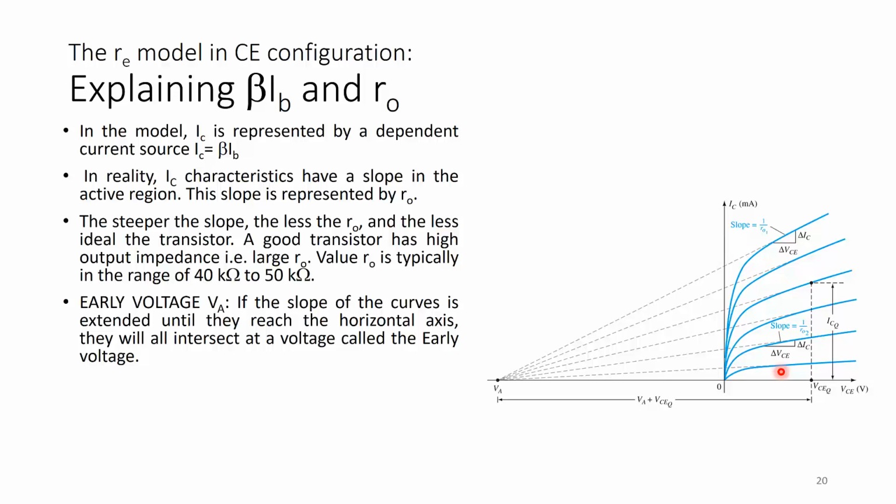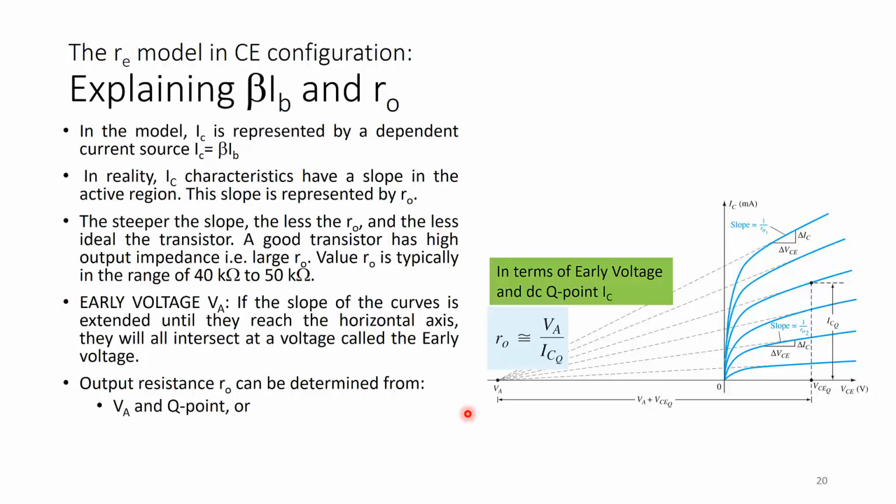So there is such a thing here called the early voltage VA. If the slope of all these curves from the same output characteristics is extended until they reach the horizontal axis, they will intersect at a voltage, and it's called the early voltage, VA. So for us to find what Rout is, output resistance Rout can be determined in several ways.